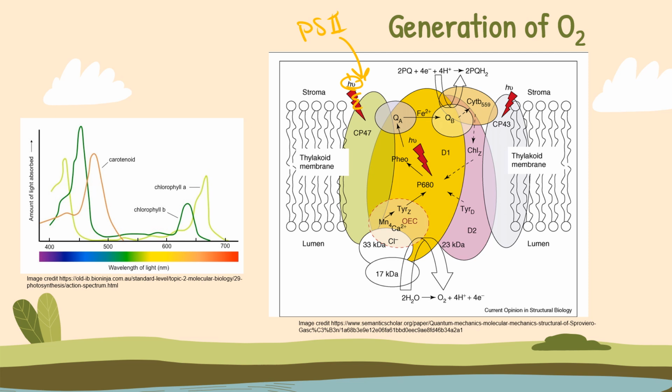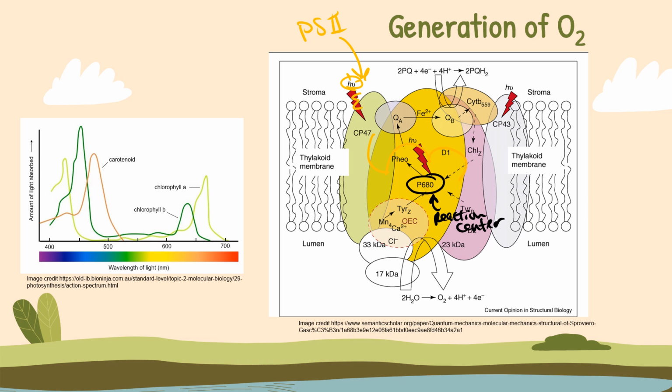And then they're going to wiggle and jiggle and pass that energy onto another, and then another, and then another chlorophyll molecule until eventually that excitement, that wiggly jiggly energy, gets to P680, which is the reaction center of this photosystem number 2. There are 2 special chlorophyll molecules here.